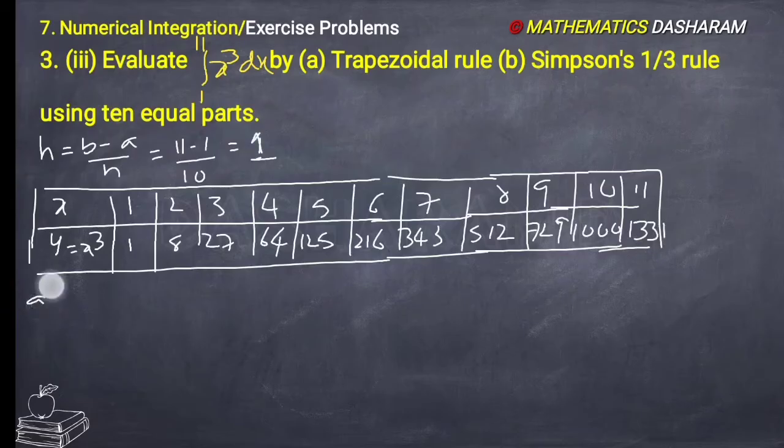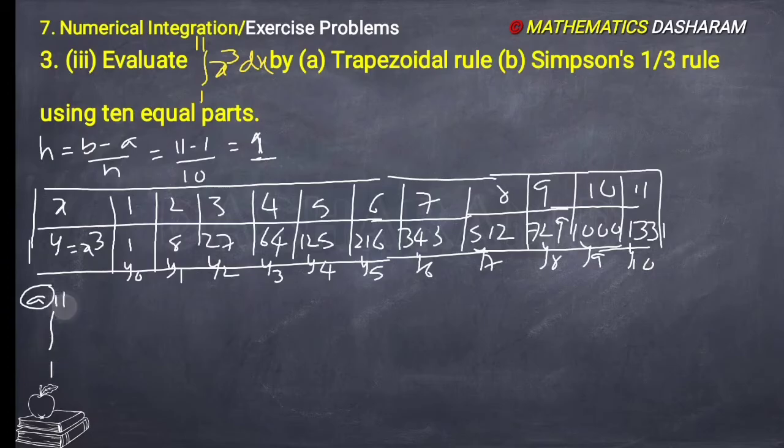So next, the first one is trapezoidal rule, integration 1 to 11. Before that, take this as y0, this is y1, this is y2 and this is y10. Now integration 1 to 11 x cube dx equals h by 2 bracket of y0 plus y10 plus 2 into sum of remaining ordinates.